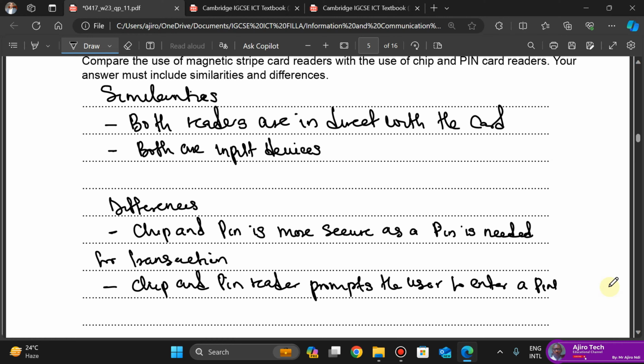In the chip and pin reader, obviously, for you to be able to carry out the transaction successfully, the user needs to know the pin.